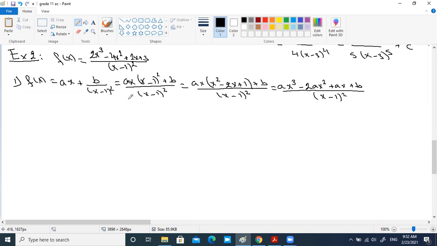This is from one side if you take common denominator and expand this. But from the other side, it is equal to this function.